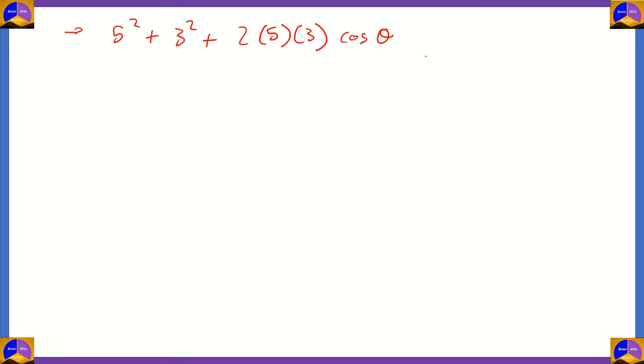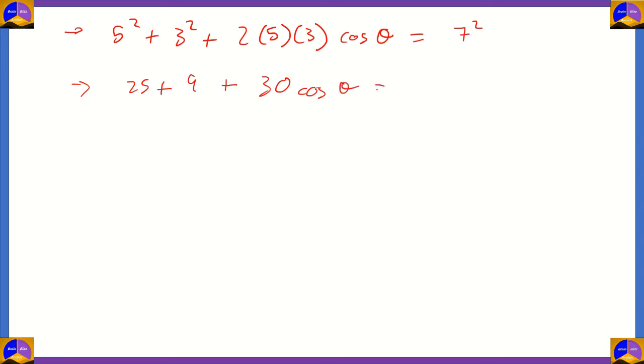Now cos theta is a variable here, and we need to find that. And on the right hand side, it's mod of vector A the whole square, so that means it'll be 7 squared. So therefore you have 25 plus 9 plus 2 times 5 is 10, 10 times 3 is 30, 30 cos theta equals 49.